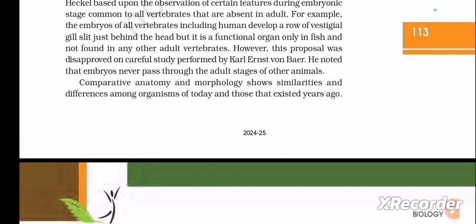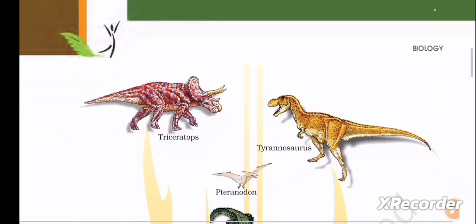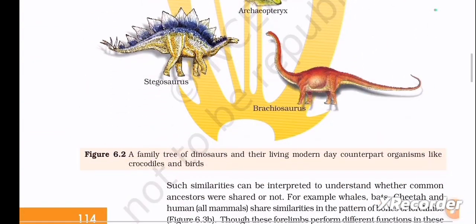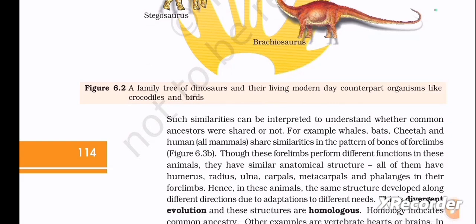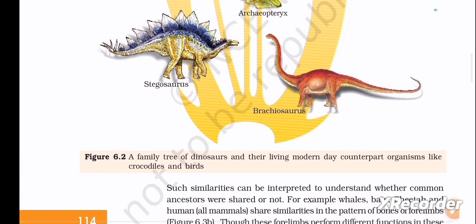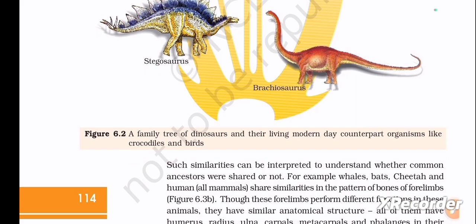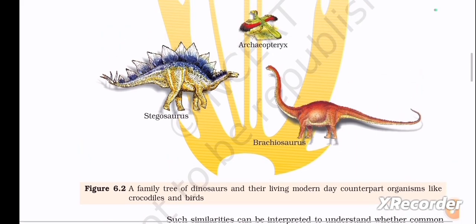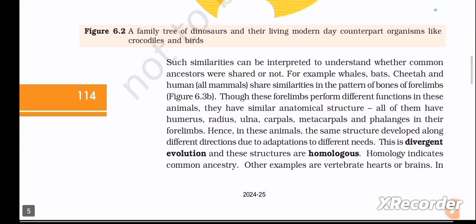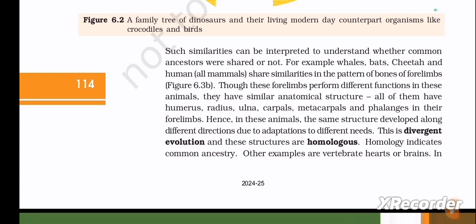Comparative anatomy and morphology shows similarities and differences among organisms of today and those that existed years ago. Here you can see in figure 6.2 a family tree of dinosaurs and their living modern day counterpart organisms like crocodiles and birds. Such similarities can be interpreted to understand whether common ancestors were shared or not.